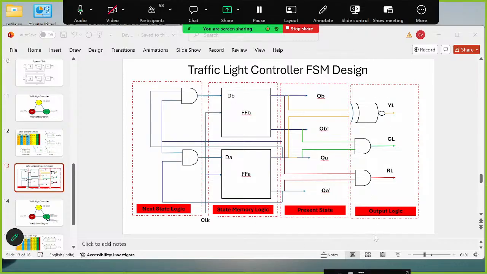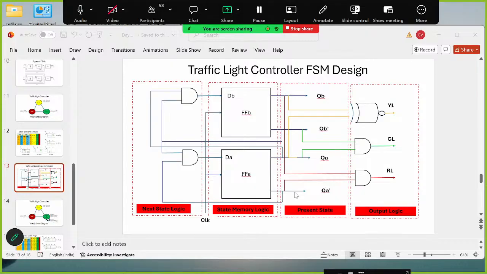If you implement this inside FPGA logic or create an IC, this IC can be utilized anywhere inside any traffic light control system where you need two-way traffic light control. You can see your final output depends only on the present states of the flip-flops.